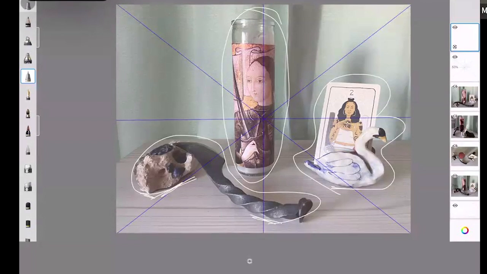And by understanding what is in front of what, you start to understand how they overlap, which helps you to understand their space.